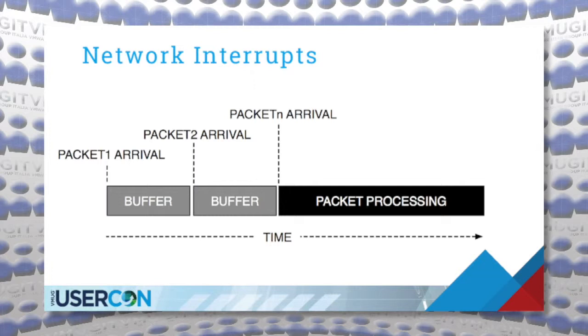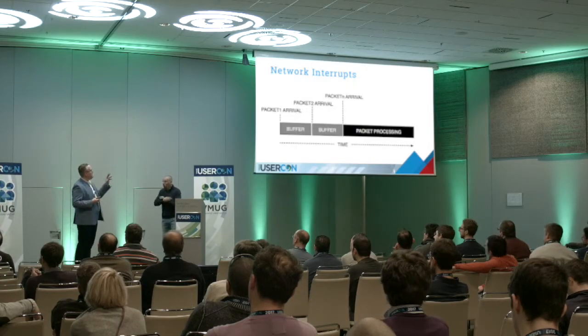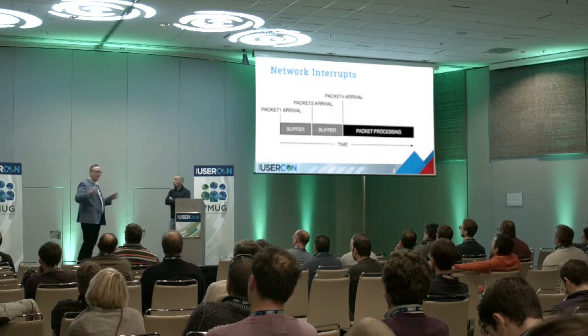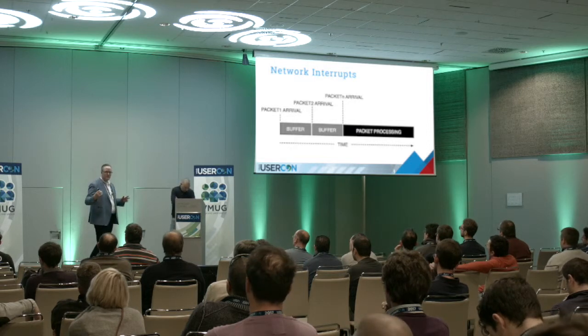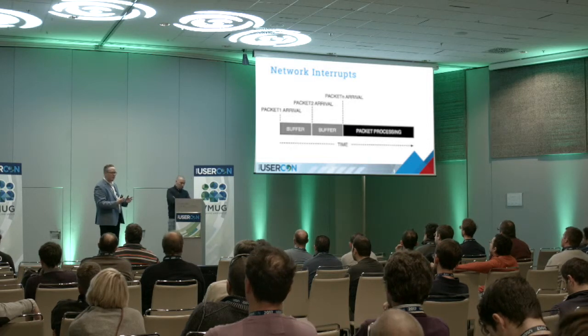We have several features which every modern NIC supports. It's like interrupt coalescing, interrupt throttling, ring buffers. And this is what actually happens within an ESXi host when network packets are received on the physical NIC.